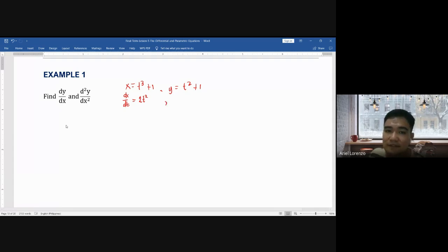Next, the derivative of y with respect to t. So, the derivative of t squared is 2t. To get dy all over dx, dy all over dx is the same as dy all over dt all over dx all over dt, because dt cancels there, right? What remains is dy all over dx. So, your dy all over dt is 2t all over, your dx all over dt is 2t squared.